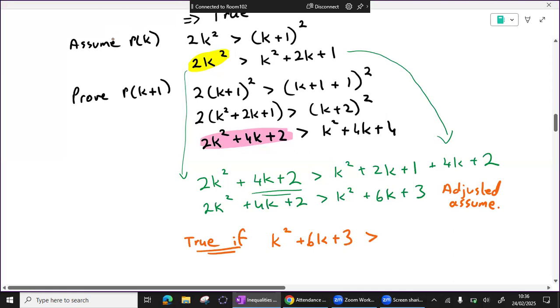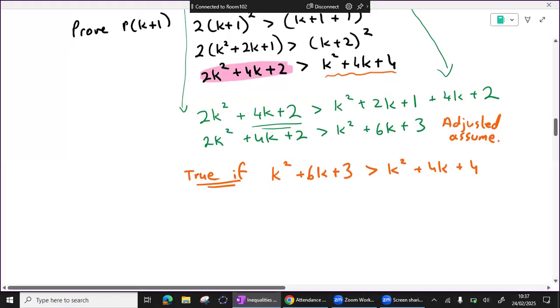So my prove sentence was the one above. Okay, so does my left-hand side look bigger than my right? I think we can all say straight away that it does look like it's going to be bigger, but it's nice to double check.